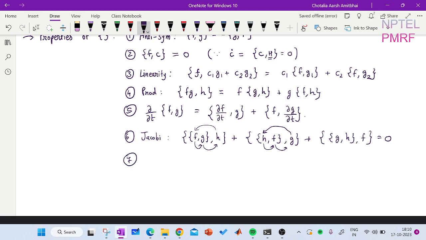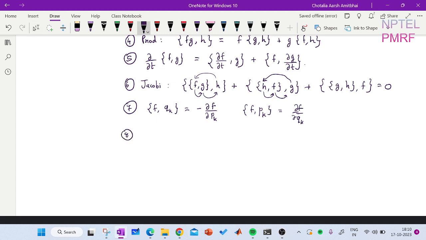Then if you take the Poisson bracket of a function with qk, you get the derivative of that function with respect to pk. And the same for p, you get the derivative with respect to qk.